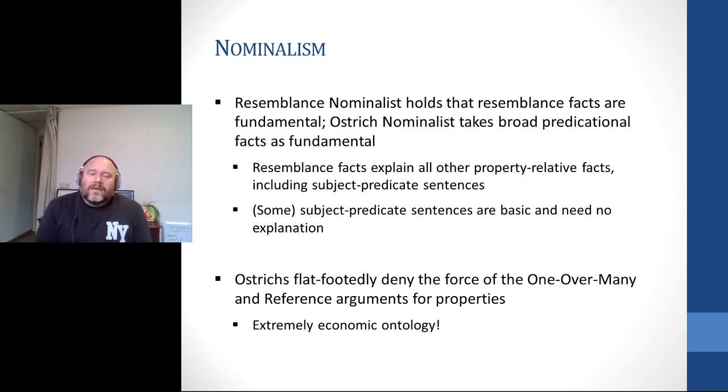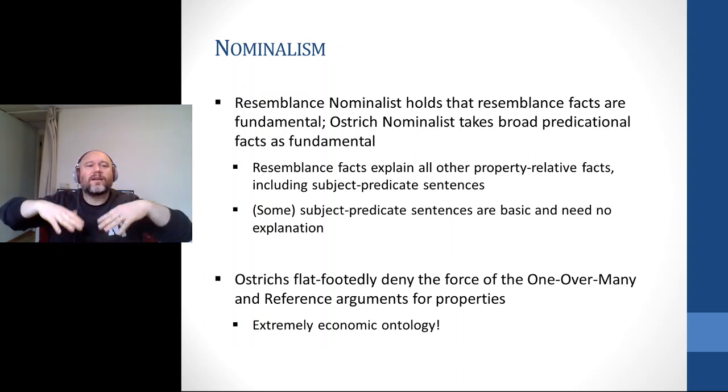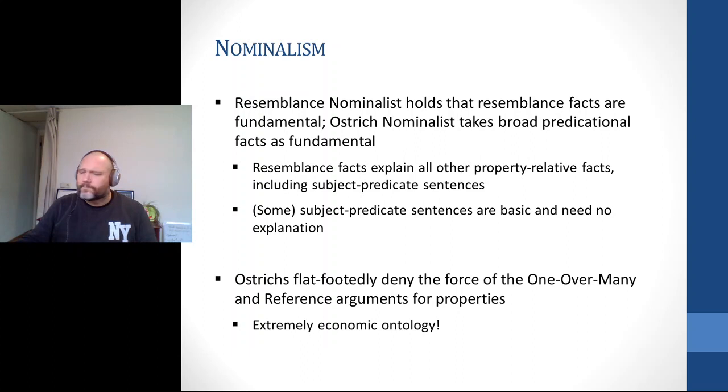So, the best way to really get at what an ostrich nominalist believes is to compare it to the resemblance view. The resemblance nominalist holds that resemblance facts are fundamental, right? We take resembling facts as the basic thing and then explain everything else. The ostrich nominalist, on the other hand, takes predicational facts.